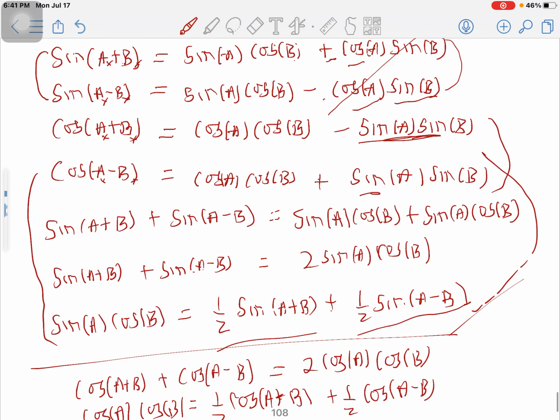If you want to get this identity, the right hand side is cos. It means that the cos functions were combined together to get this identity. When we combine the cos functions, we are going to get 2 cos a cos b, which is not the one written up there. So what you need to do is multiply the first identity by negative.